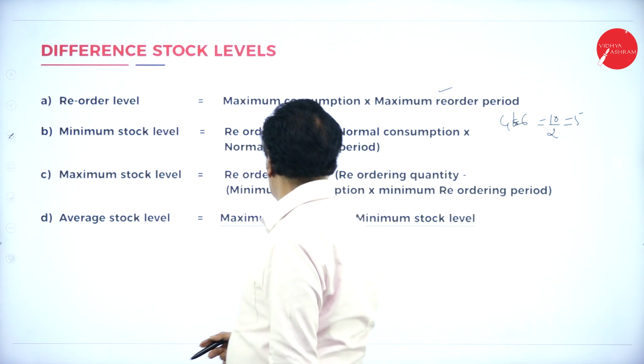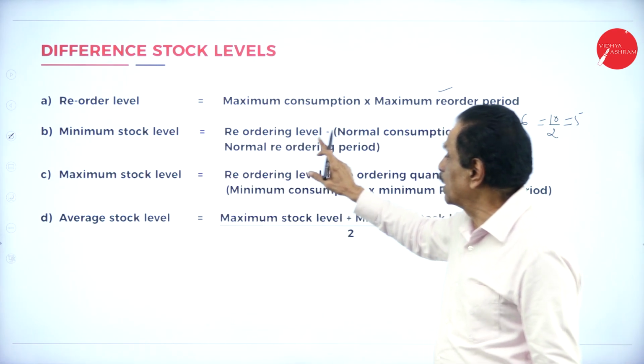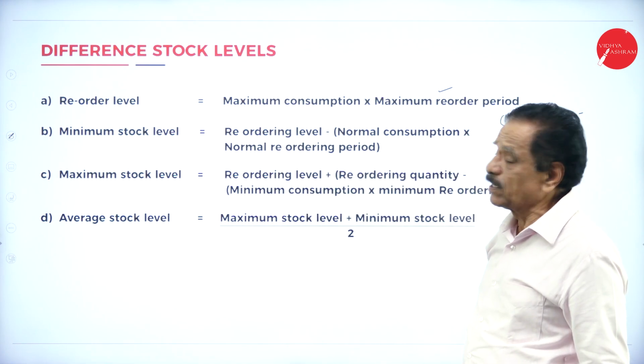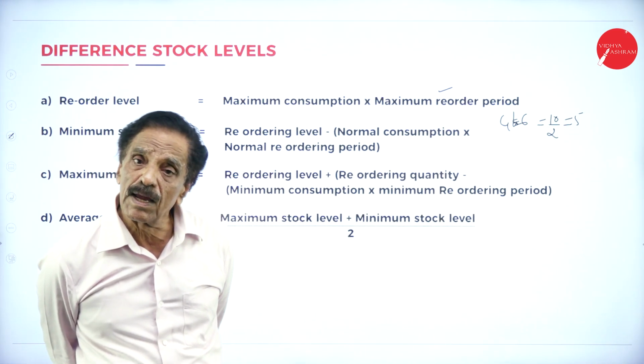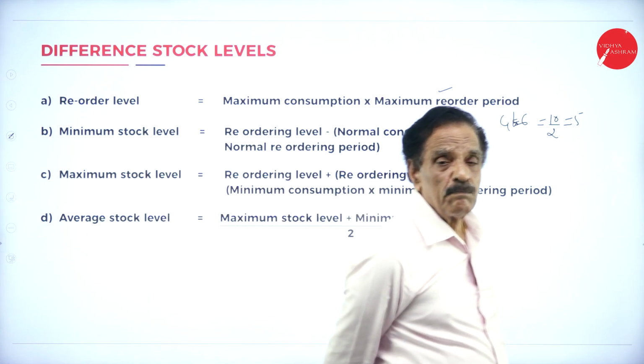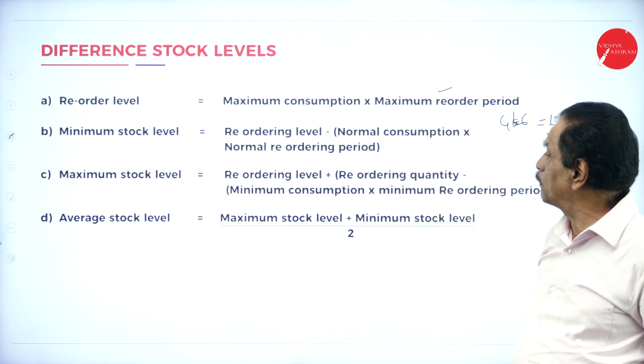That's called normal reorder period. So the minimum stock level is the reorder level, the answer of the first one, minus normal consumption multiplied by normal reorder period. And the first one is maximum consumption multiplied by maximum reorder period.